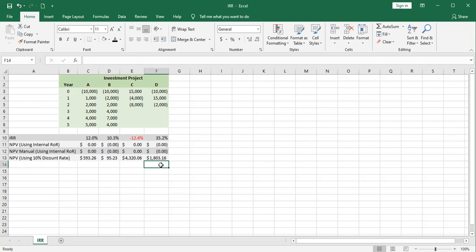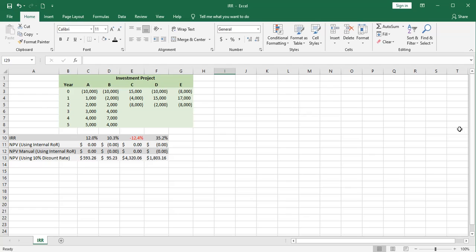Let's look at one more situation. Project E is kind of similar to Project D. You've got a cash outflow, inflow, and outflow. They're just a little bit different sized. They're kind of even. The net of these cash flows is only $1,000. So I would expect the internal rate of return for this one to be near 0.